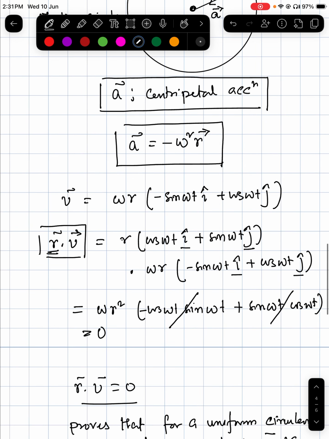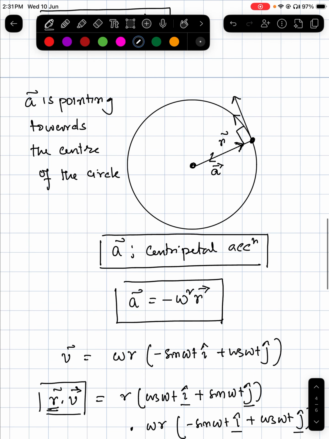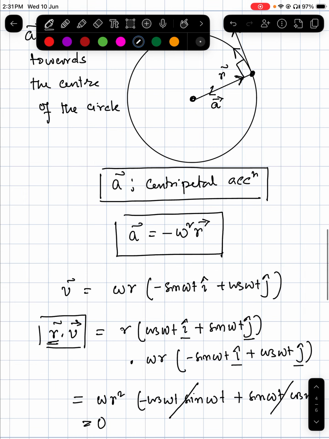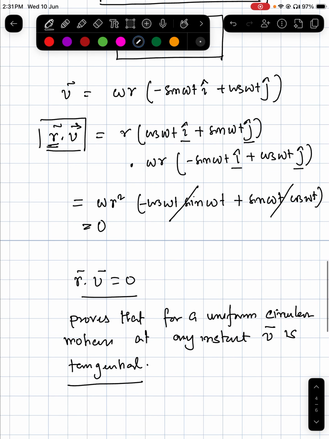We have already read in class 10 in the ICSE board that for circular motion at any instant the velocity is always tangent to the circle in a uniform circular motion, and it is proved today mathematically. Okay.